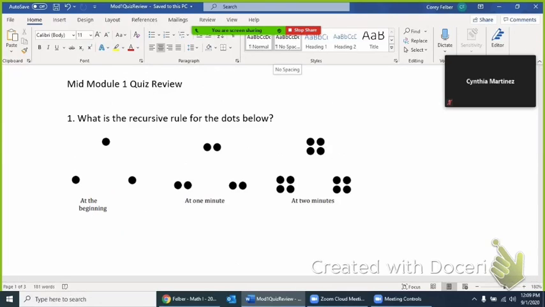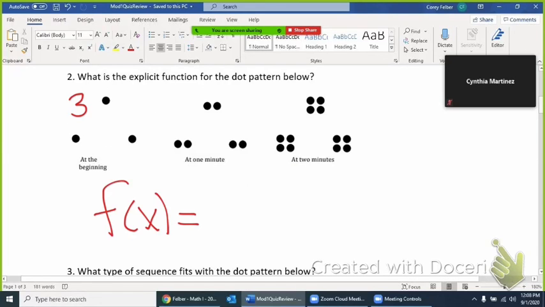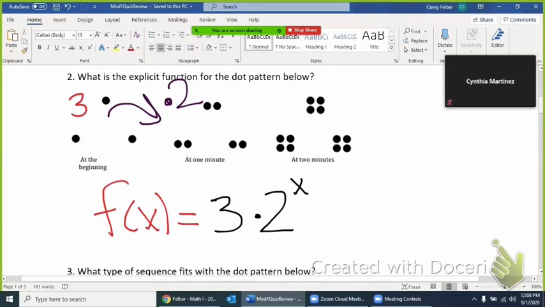Okay, let me go back to that. So here we have 3 dots to start with, and the pattern, every time we move over, you guys told me we're multiplying by 2. So these are all numbers that we've already figured out. This is how you would write this pattern. It's always the first number we have, so we start with 3 dots, and then we multiply it by 2 that many times.